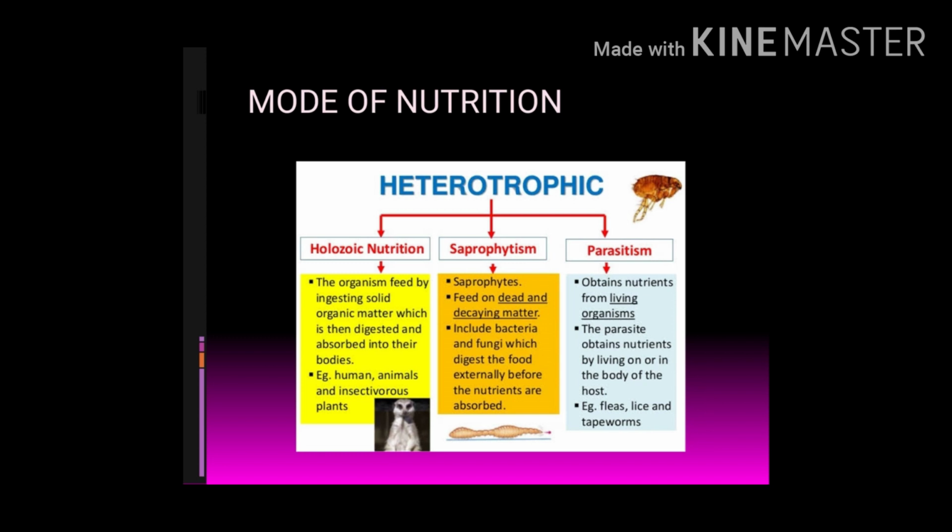Saprophytic organisms feed on dead and decaying matter, which includes some bacteria, fungi, etc. Parasitic organisms live on other living organisms. They obtain their entire nutrition from the other living organism, which is known as the host. For example, tapeworm, hookworm, lice, fleas, etc.